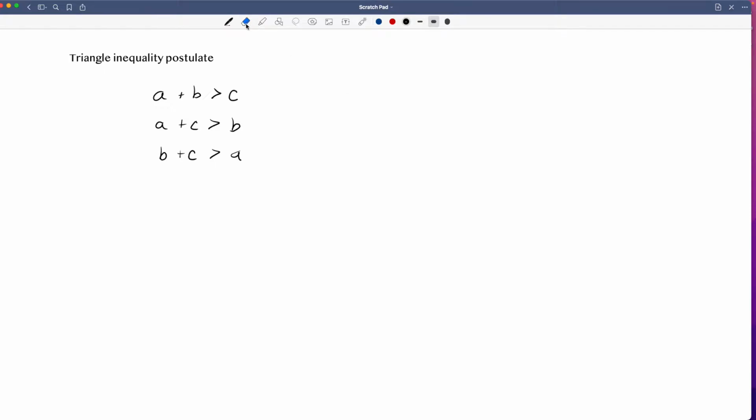Fairly self-explanatory, but you are going to want to make a note of that because when you go to write proofs, that may be something that you need to refer to. And when we do the proofs, one of the things that we do is we will quote the name of the postulate. We don't have to write the entire postulate or give an example of it.